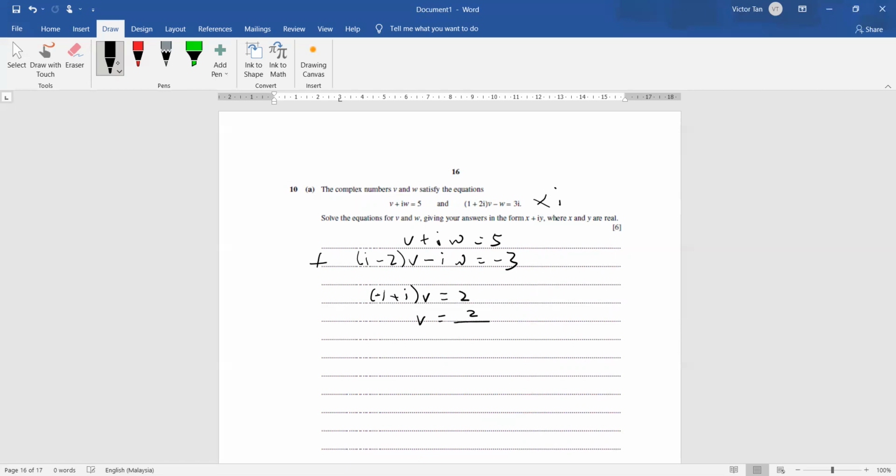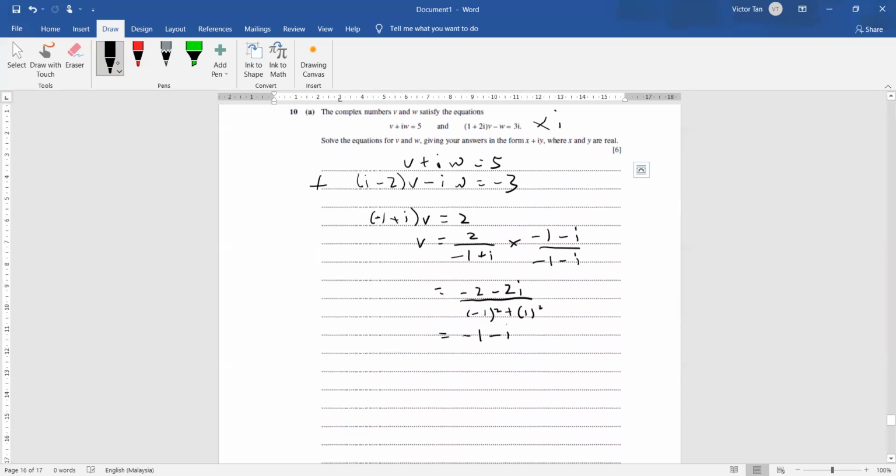V equals to 2 over minus 1 plus i. Rationalize, multiply by minus 1 minus i over minus 1 minus i. You get minus 2 minus 2i over minus 1 squared plus 1, which is minus 1 minus i.